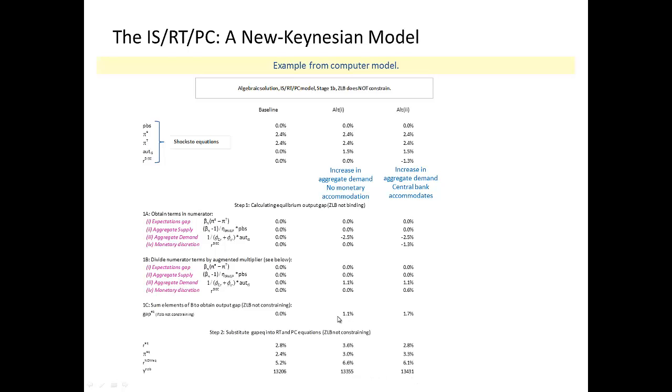So we had a 1.1% increase in output relative to the baseline. So that raised our output from 13,206 to 13,355, a little bit over let's say $150 billion.